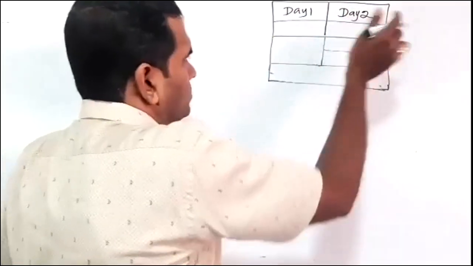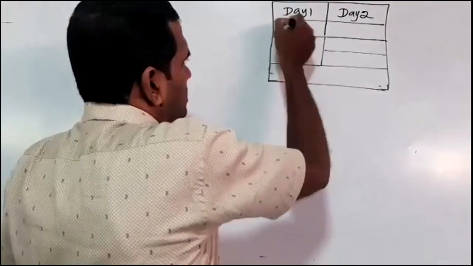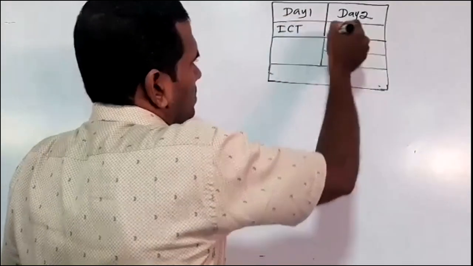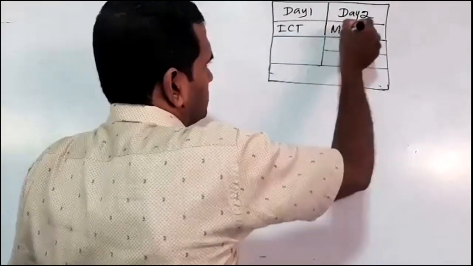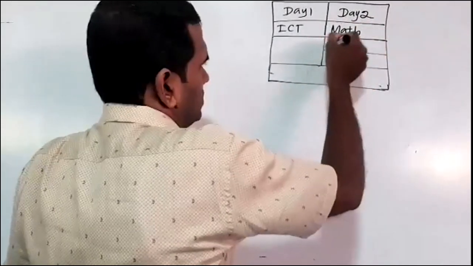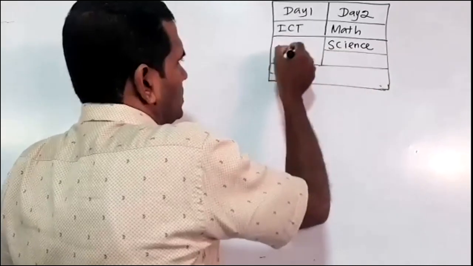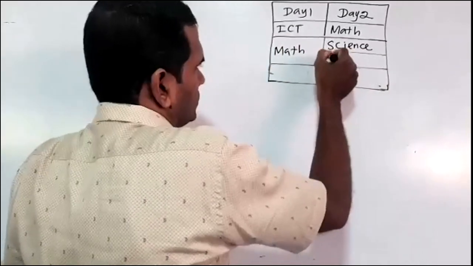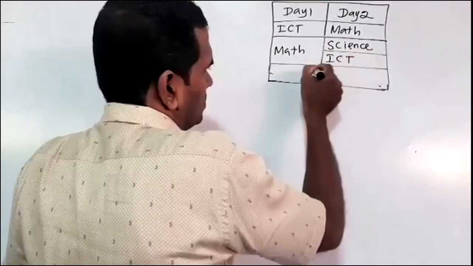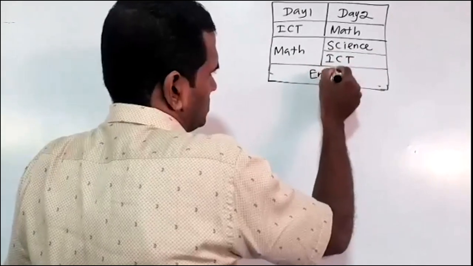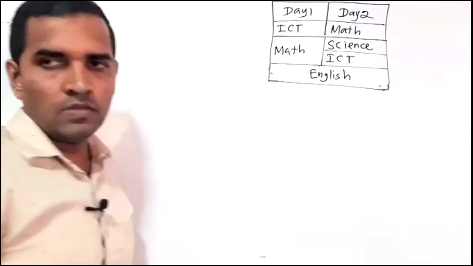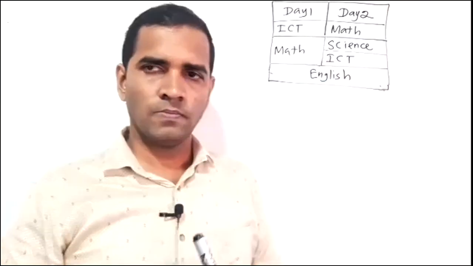So here I have some subjects. Let's say ICT here, maths there, science here, maths there, ICT there, English there. This is the table which I want.